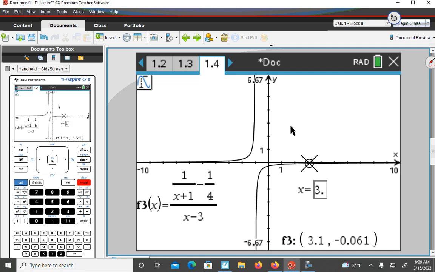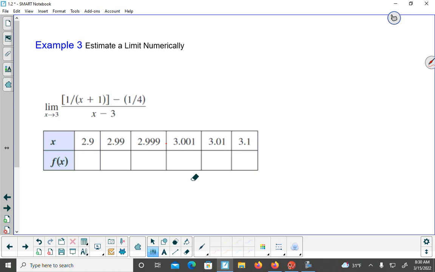Uh-oh, wrong way. So when I fill in that table, which I did not do, from the left and from the right, they both seem to be approaching 0.0625. Very good.